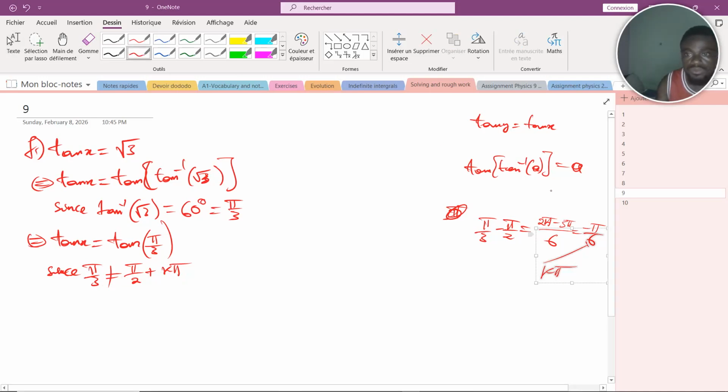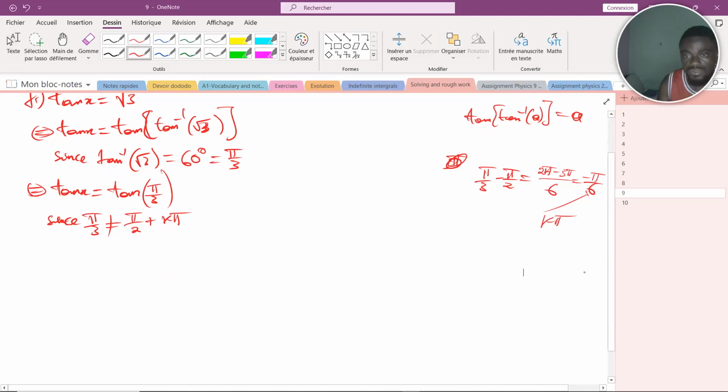So let me take the pen. Since pi on 3 is not an odd multiple of pi on 2, this is how we write it.